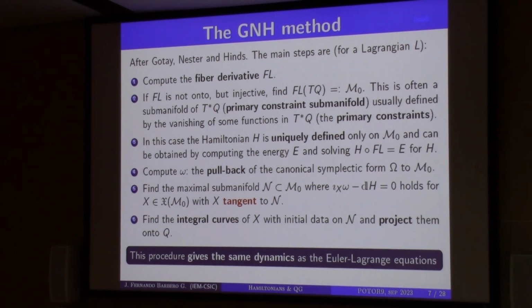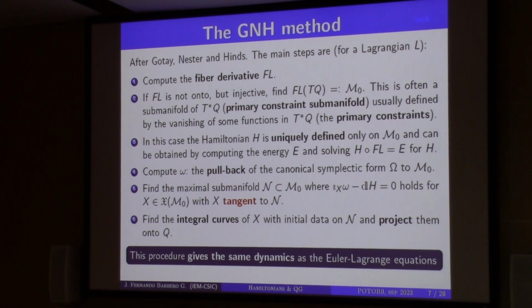You start, of course, with a Lagrangian, on the tangent bundle of some configuration space, and you compute the fiber derivative, which gives you the definition of momenta. Now, very often, this fiber derivative is not onto, but it is injective. So the image is not the full phase space, but just a subset, which also very often is a submanifold. Okay? So that's a nice space.